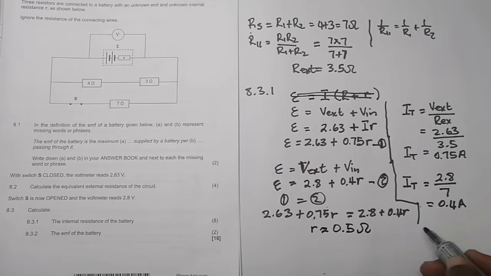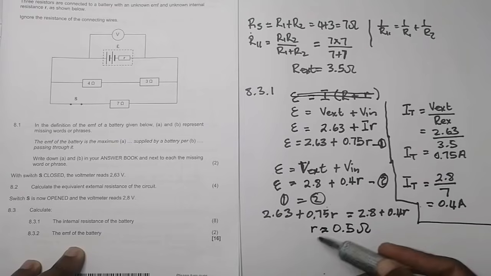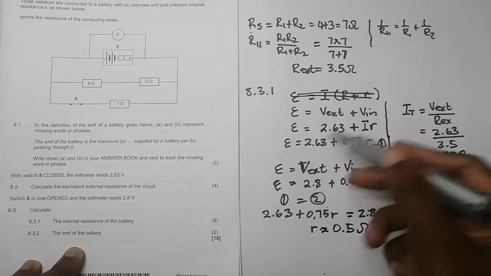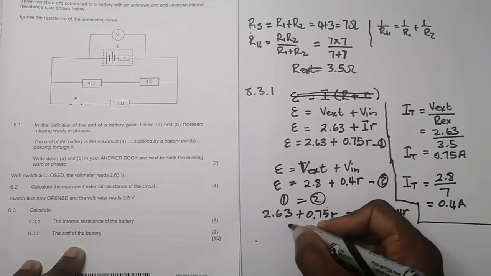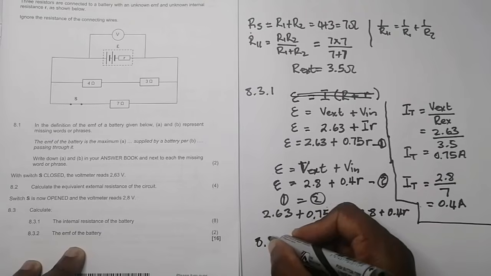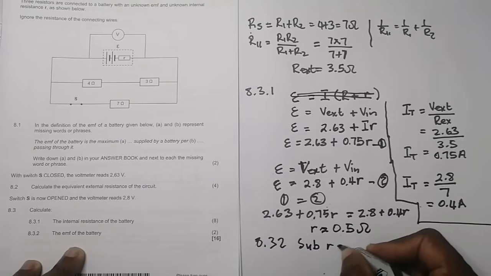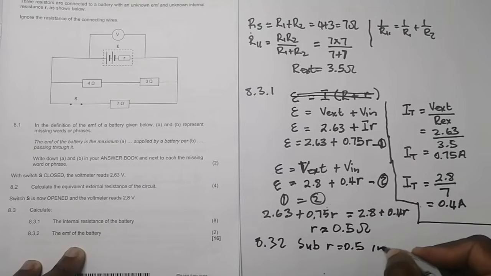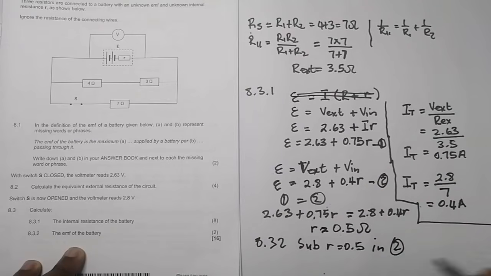You can work it out and try to get that answer. That's the answer that I get. And then they say now we should work out the EMF of the battery. All that's left for us to do, we can now take the value of R and substitute it into any of the two equations. So for 8.3.2, we can just substitute R is 0.5 in equation 2.